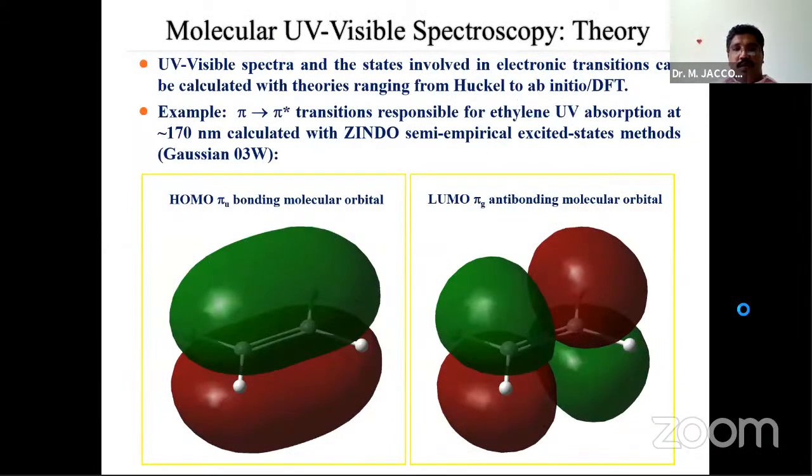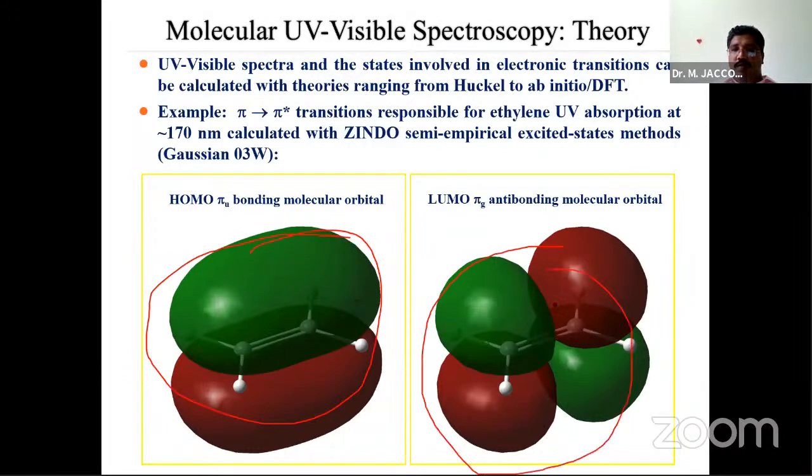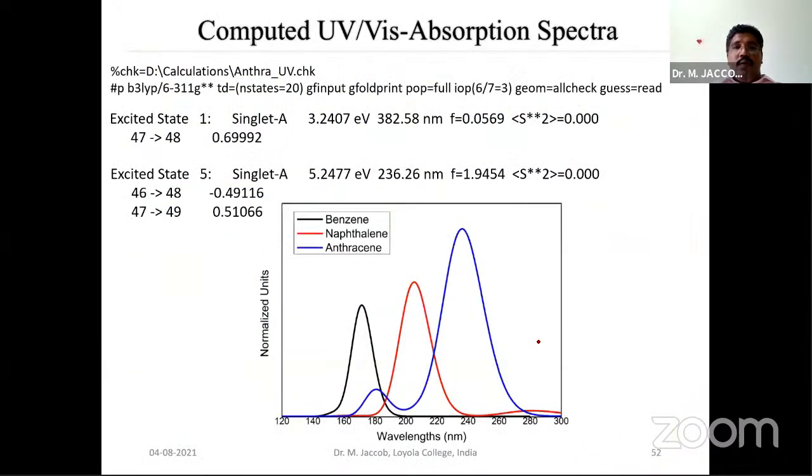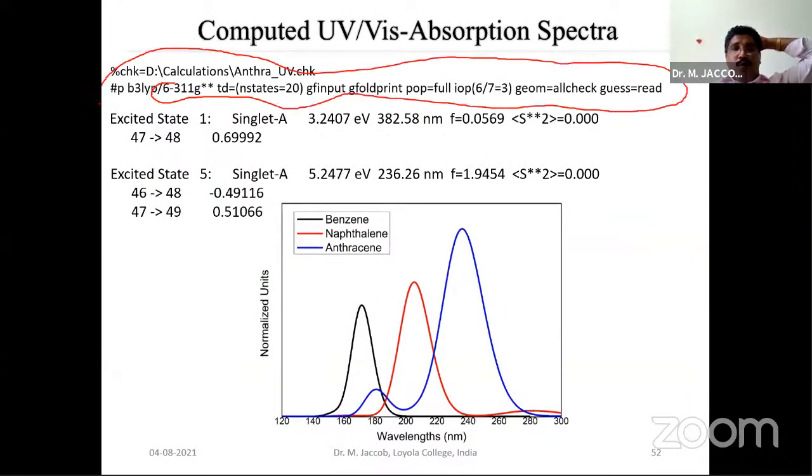This is a very simple molecule, ethylene, where this is the pi orbital. This looks like the pi star orbital. You can see here the antibonding and bonding orbitals. These are all computed in order to show you. These are all the inputs used to compute the spectroscopy, especially UV.